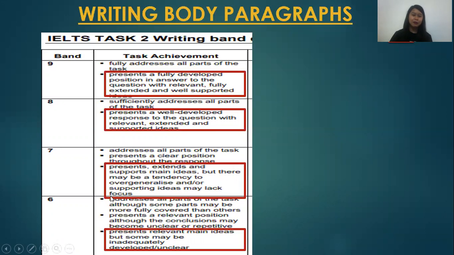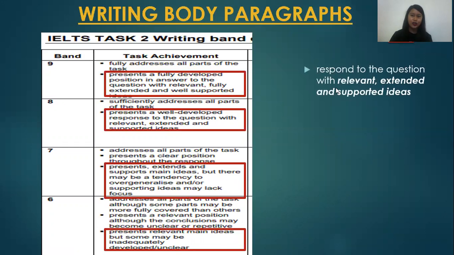However, if you're aiming for band 7 and above, you must not only present main ideas, but also expand and support them. So that means a good body paragraph has relevant, extended, and supported ideas.